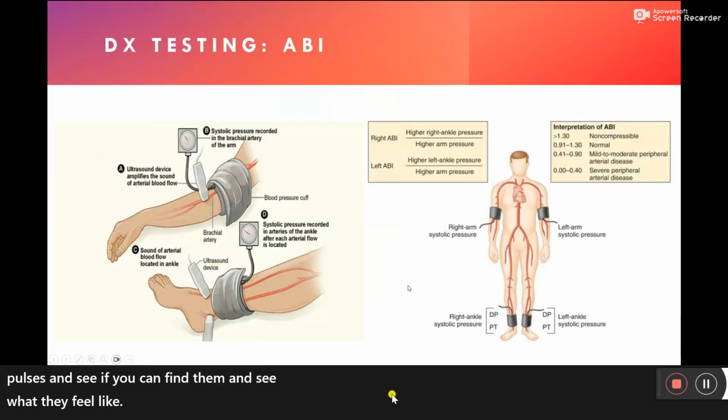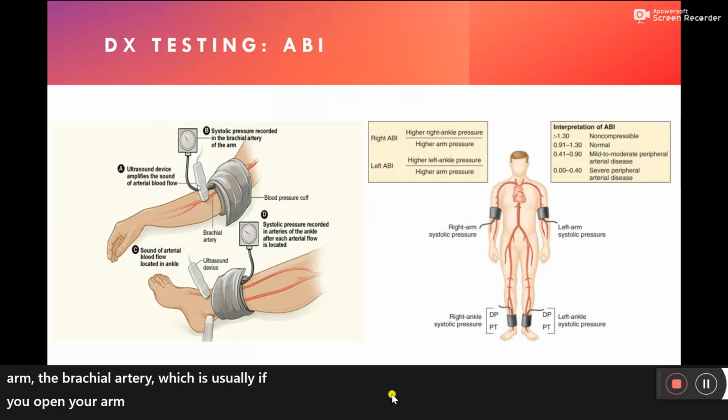So for your ABI, your ankle brachial index testing, here we are using blood pressure cuffs and ultrasound devices. What you'll see is here on the arm, you're going to use an ultrasound probe to find the pulse in the arm, the brachial artery, which is usually, if you open your arm palm up and look for the bend in your elbow, your brachial pulse is going to be medial.